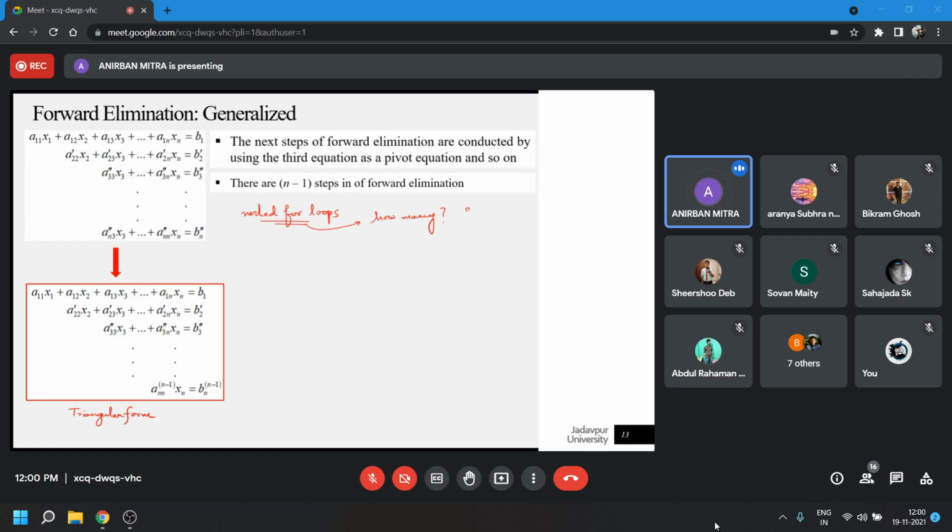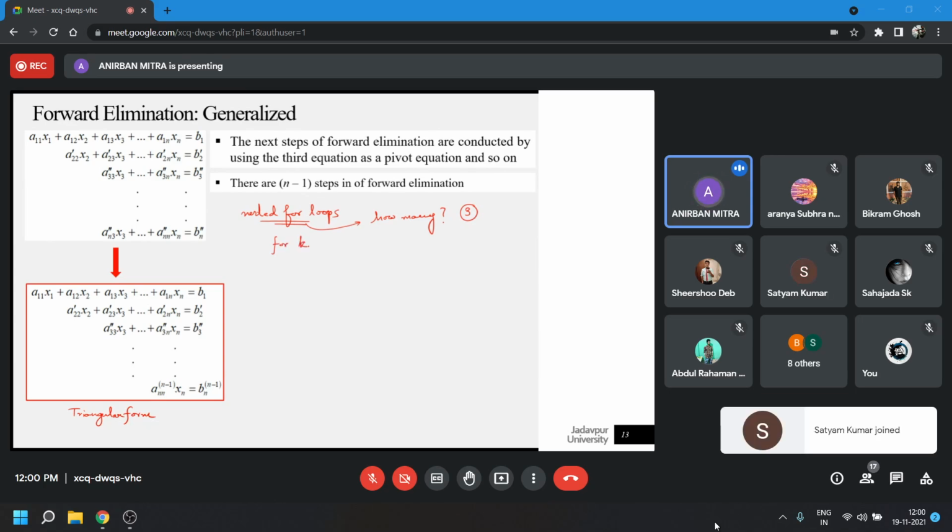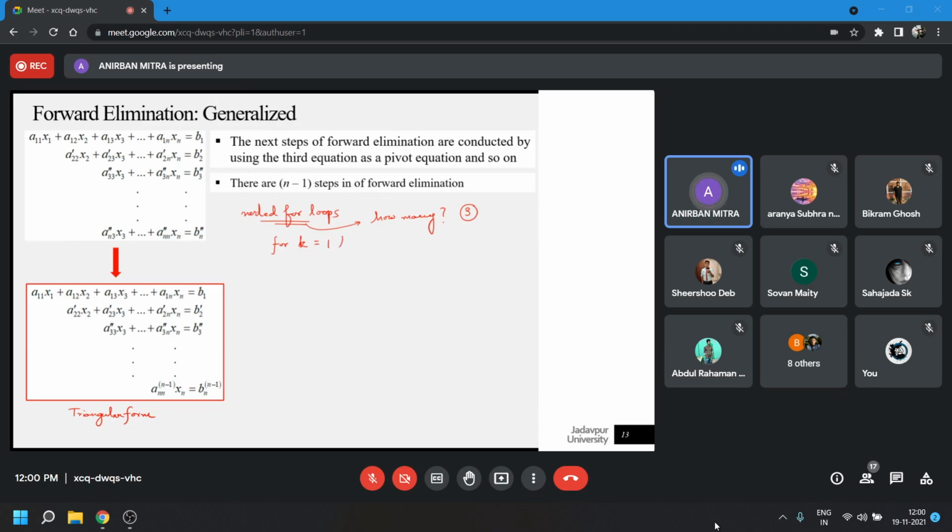So we will require 3 for loops to implement this forward elimination technique, and those would be nested for loops. So first of all, we'll start with a for loop here. Let's say for k equal to 1 to n minus 1.